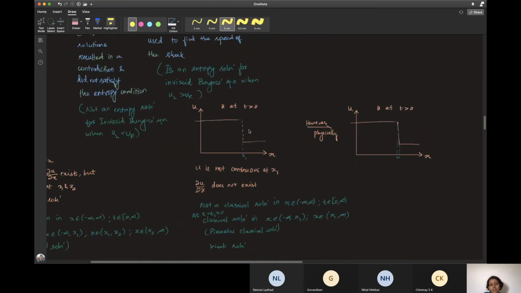However, although it's a discontinuity mathematically, physically there is some slight variation with a great slope inside this region. Inside this small region, this is not just one single point x1.